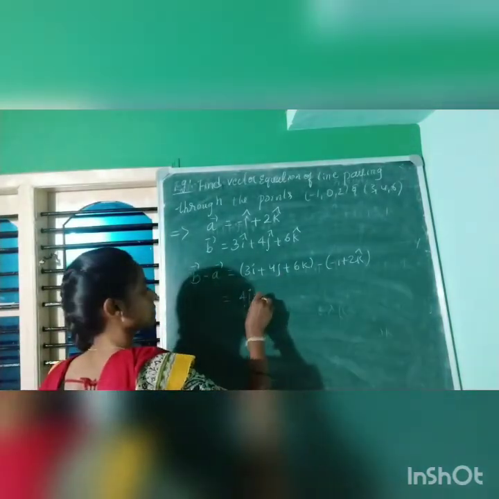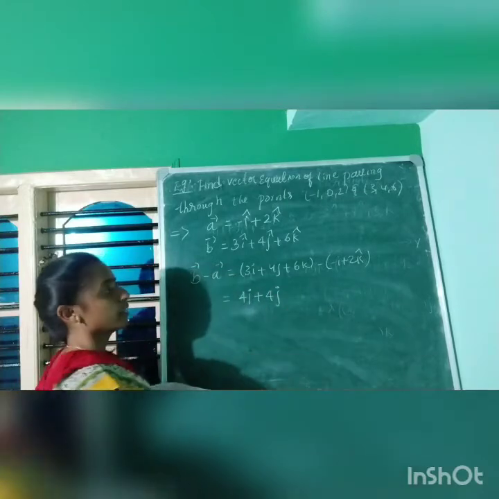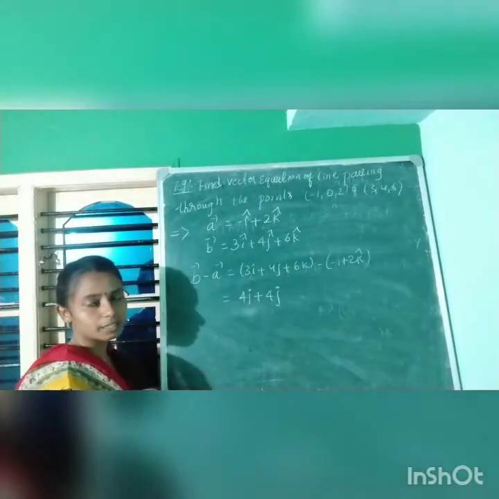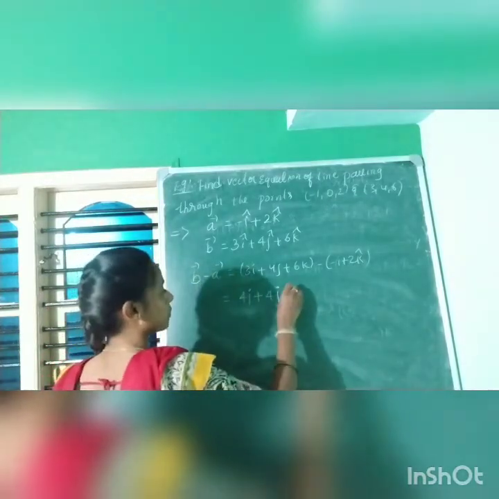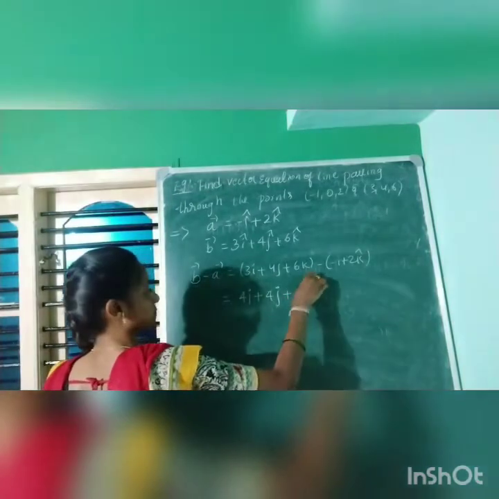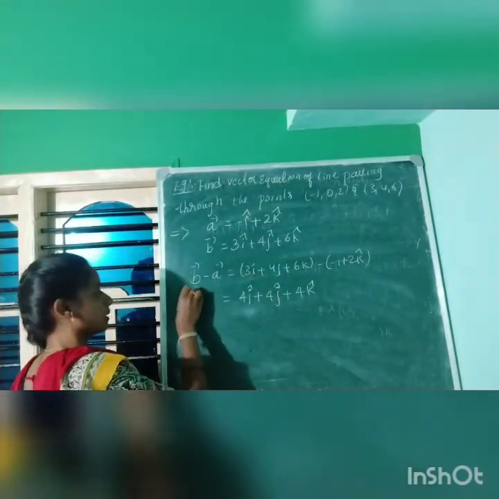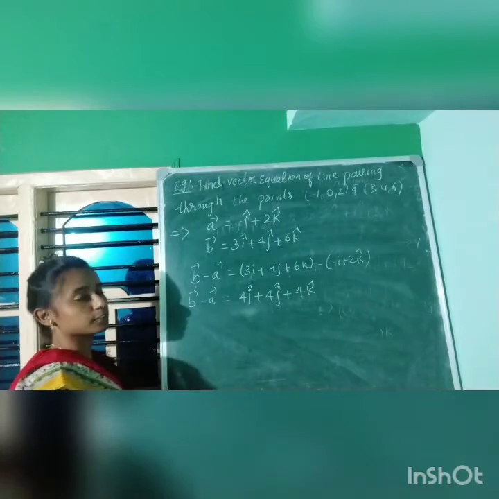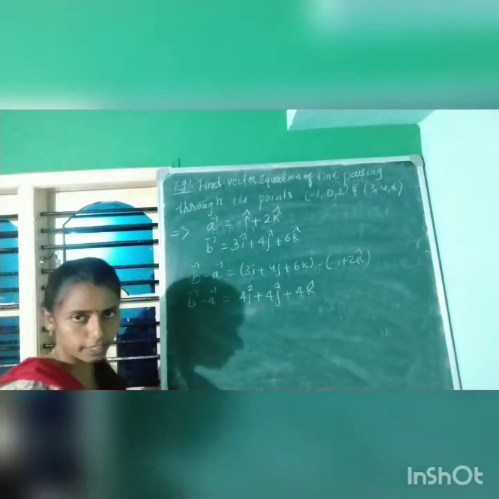There is no j component in A, so we write 4j as it is. 6k minus 2k is 4k. So B minus A is 4i plus 4j plus 4k.